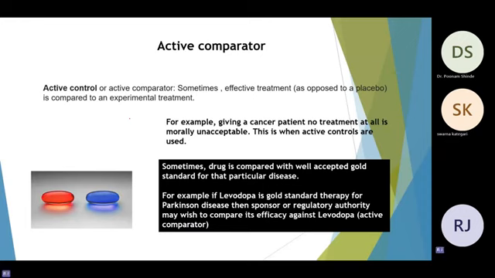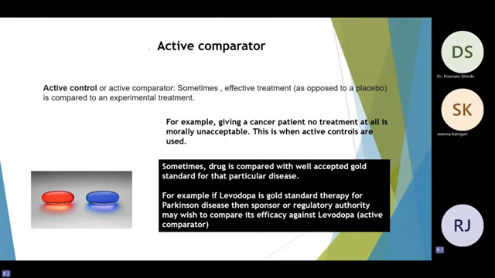Now, what is active comparator? This term we are going to use very much going forward. So for now, just understand the definition. If you remember, while teaching phase 3, I said that in phase 3 we also compare our treatment with the standard treatment available in the market.